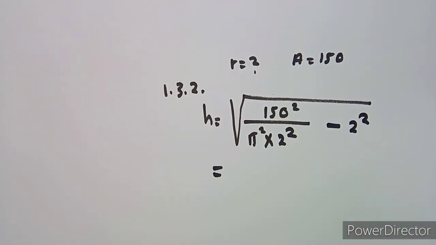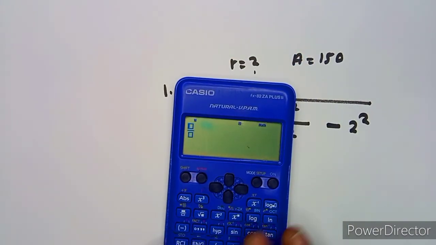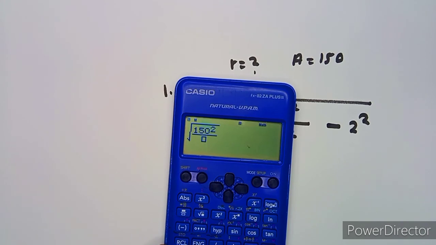So guys, here we just need to apply our calculator properly. Make sure that you open your calculator. That's 150 squared over pi squared, that's shift pi, squared, times 2 squared, minus 2 squared, something like that.